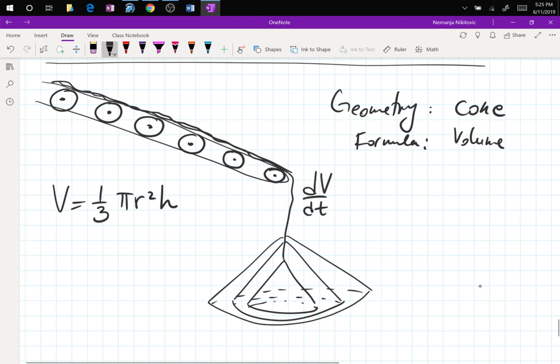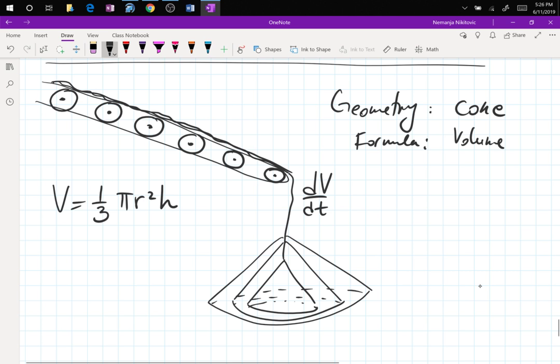Because the volume formulas are always base, area of the base times height. Well, the base is a circle and the height is h. But since this is what I call a spiky object, you have 1/3 in front. And we are going to generalize after this all of the volume formulas, so it's going to be easy for you to get those.